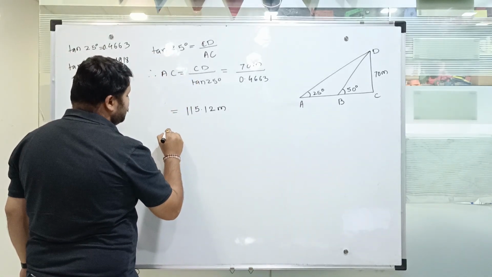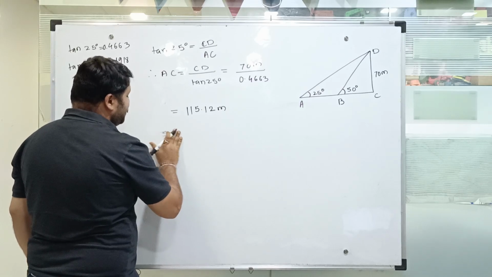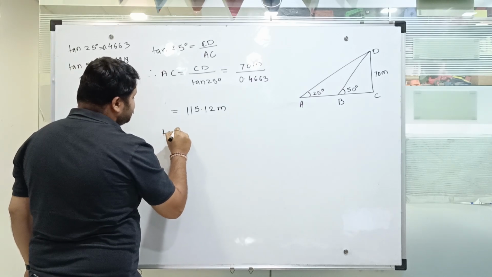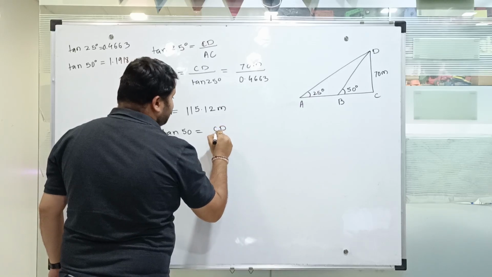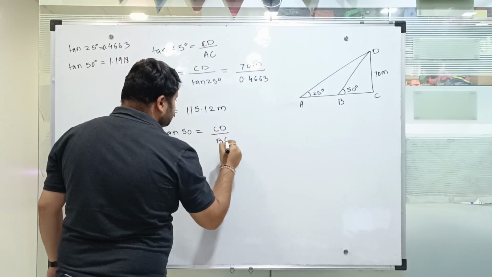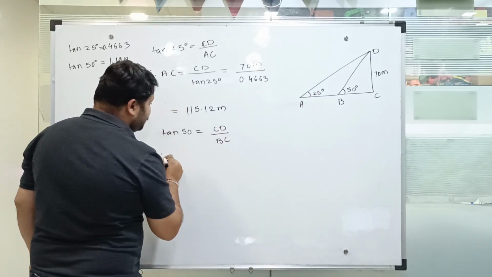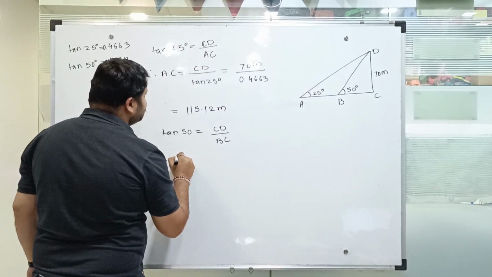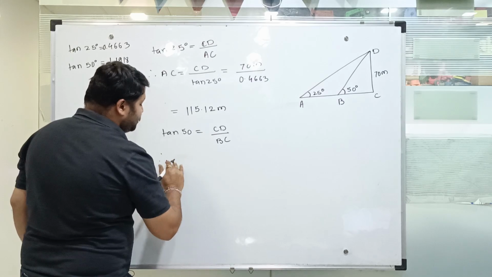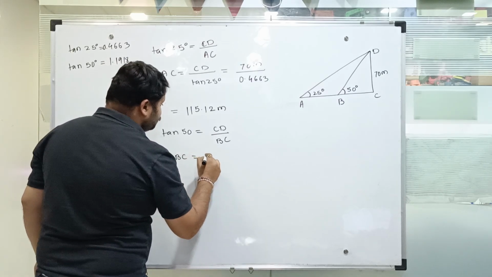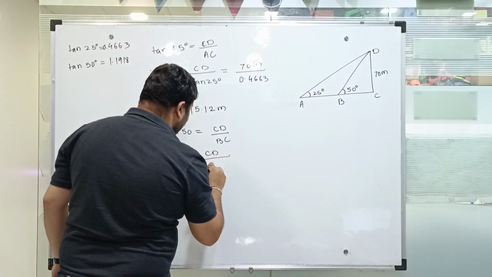So we can write tan 50 degrees is equal to CD upon BC. Therefore I can write BC is equal to CD divided by tan 50 degrees.